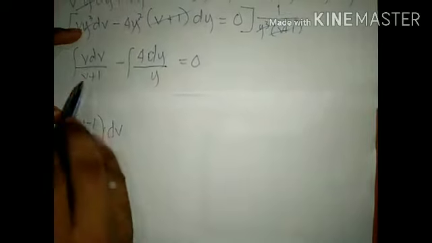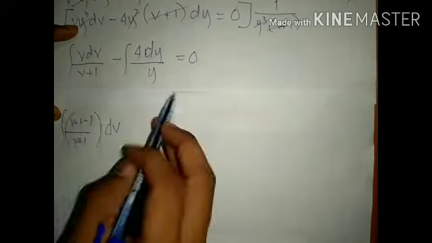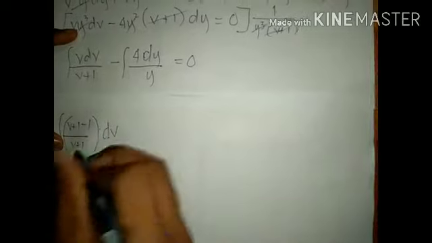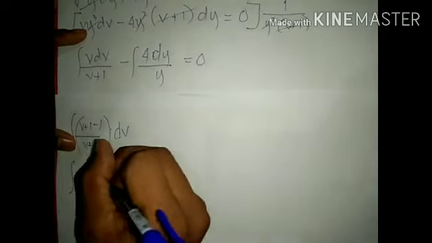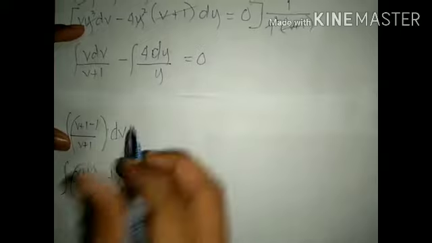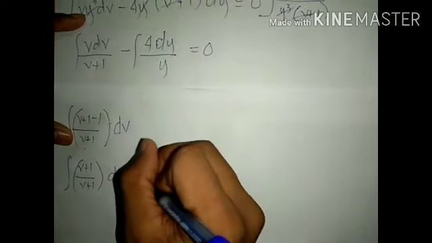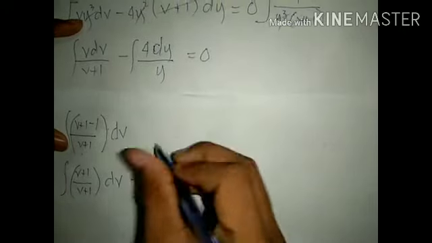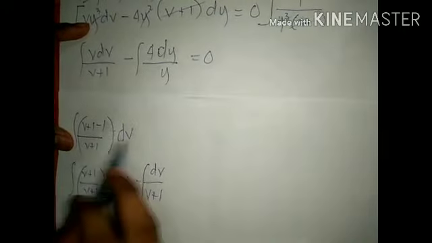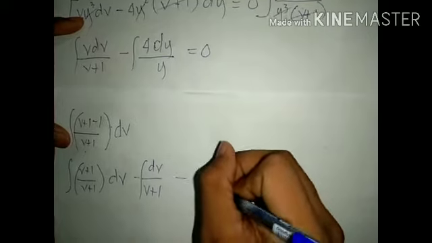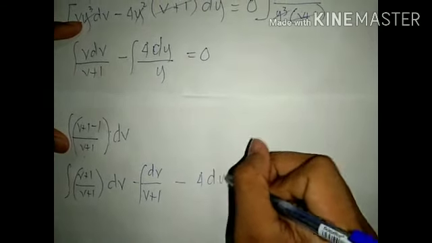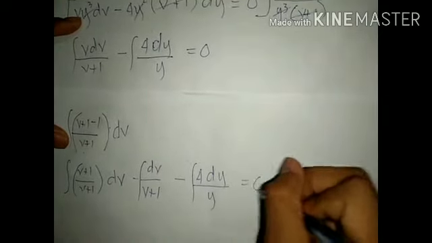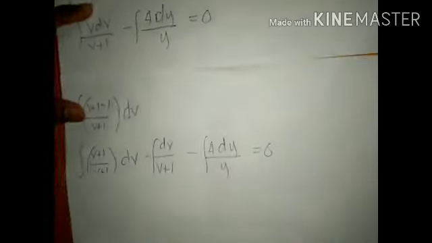So next na to integral of v plus 1 over v plus 1 dv, then 1 minus dv over v plus 1 integral of dv, and then copy 4 dy over y is equals to 0.